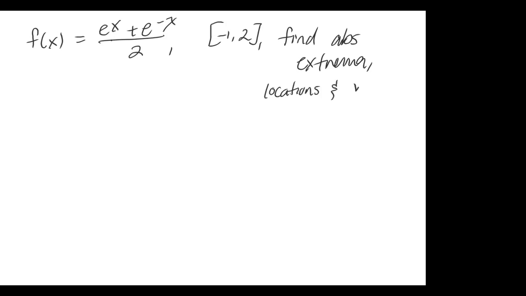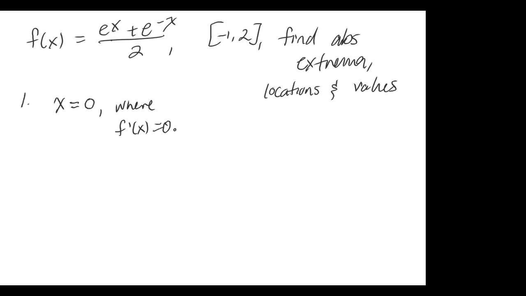And we said that, first of all, there is one critical point. x is equal to 0. That is a location where the derivative f prime of x is equal to 0. We didn't find any critical points where the derivative doesn't exist.